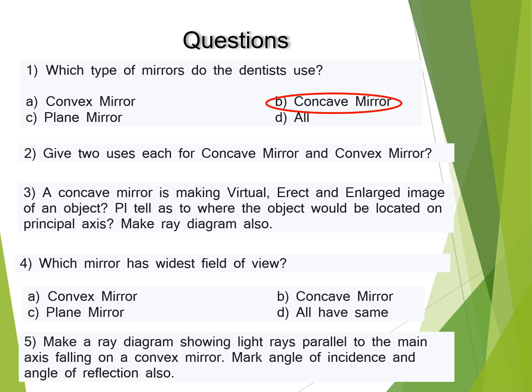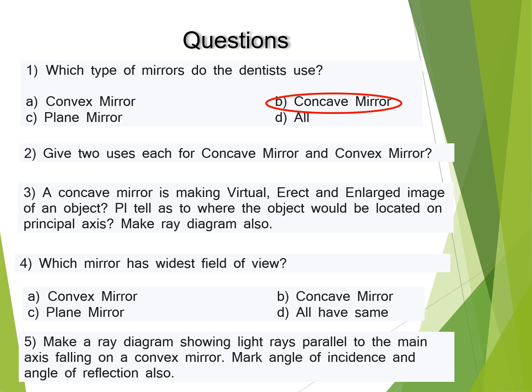And for projectors also we can use the concave mirror, because the concave mirrors can converge the light rays to form a focused image, and this is what we need for projectors. So these two can be the examples for concave mirror. For convex mirror, one of the example is the vehicle side mirrors.